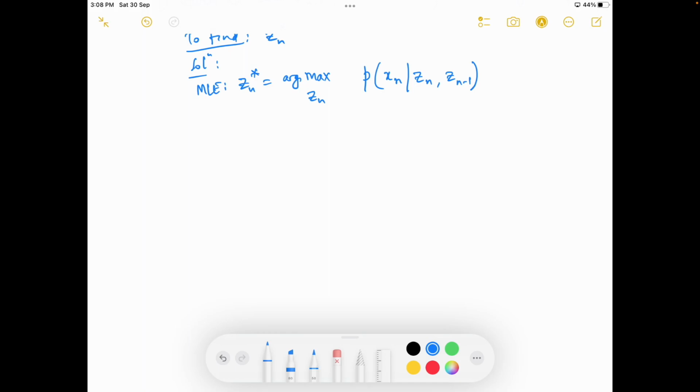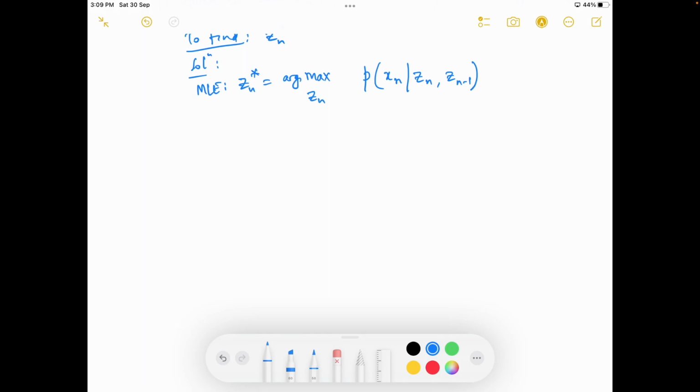So the maximum likelihood estimate of Zn, or Zn star, is given by argmax over Zn of P of Xn given Zn, Zn minus 1, whatever. This is called the maximum likelihood estimate. How can you estimate this thing? Now, this is by definition, right?